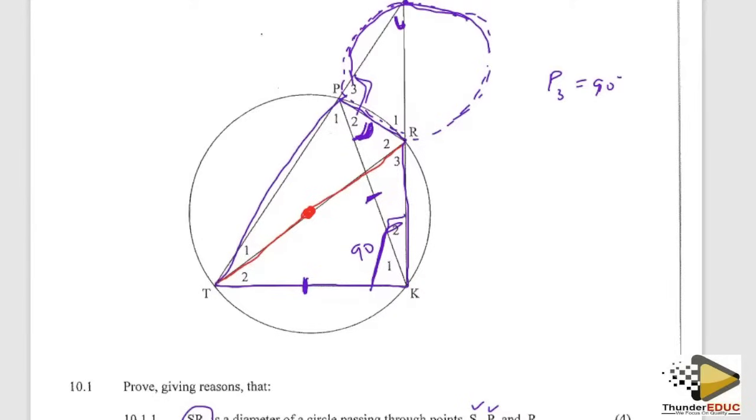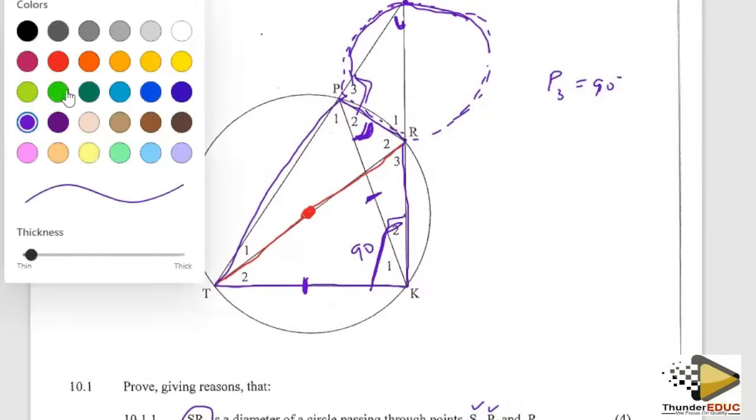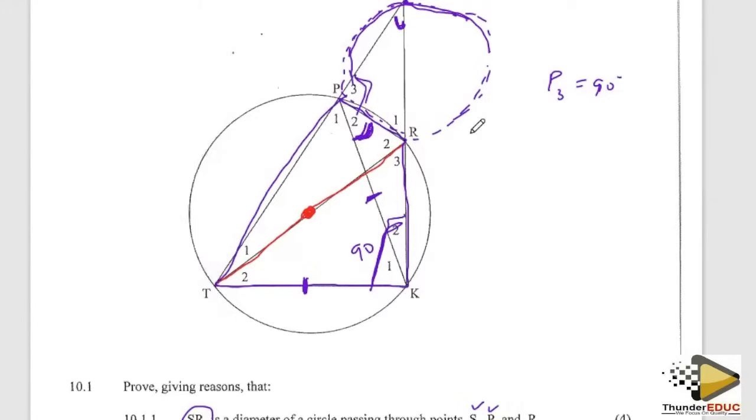From this drawing, I can see that R1, this angle, is going to be the same as T1 and T2, because that is the exterior angle of the cyclic chord.